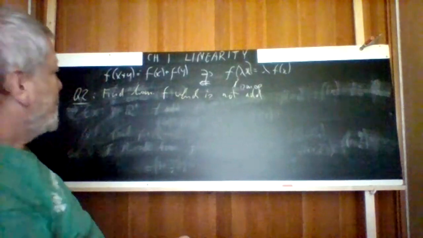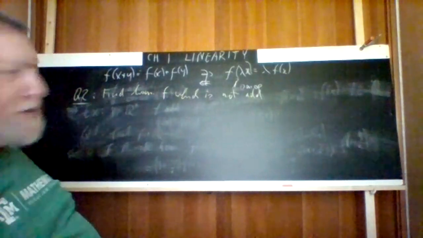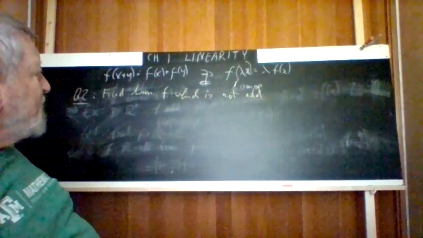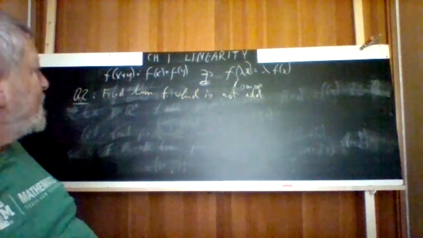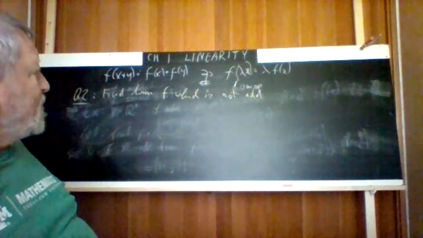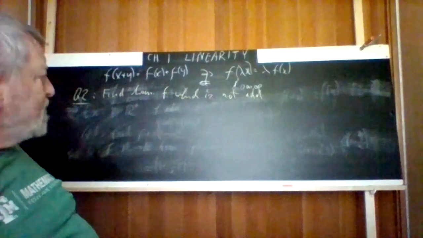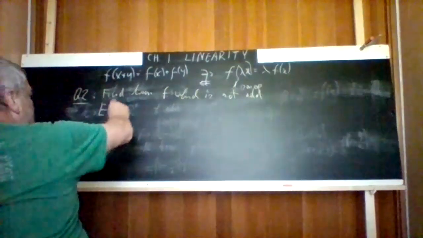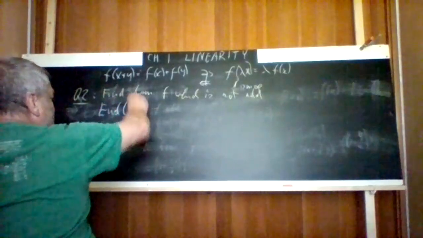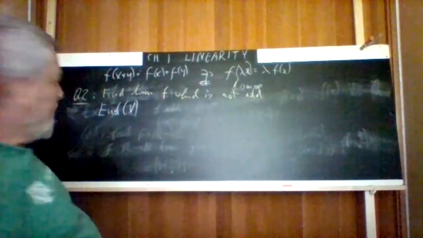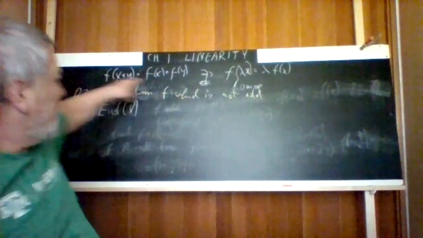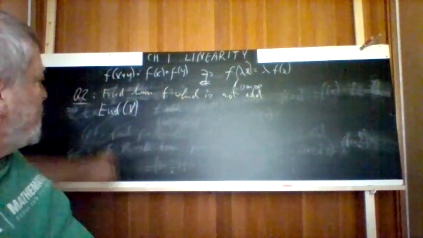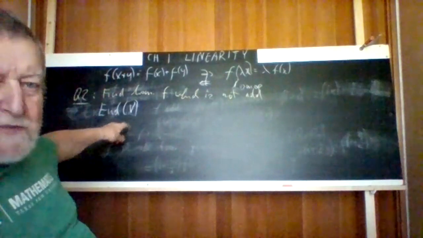And the first one, if we take all endomorphisms of this vector space, then what we get is something which is called End V. And for that, when I spoke of endomorphisms, we only consider maps which go from V into V.